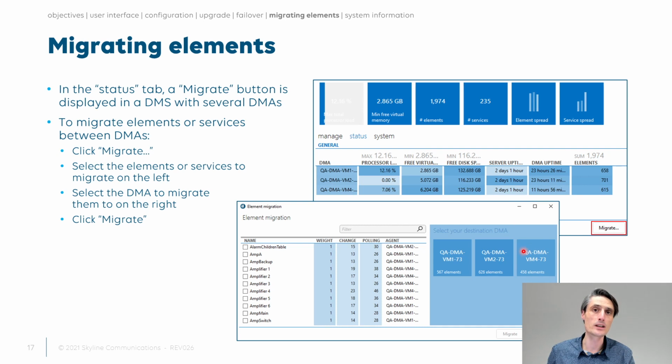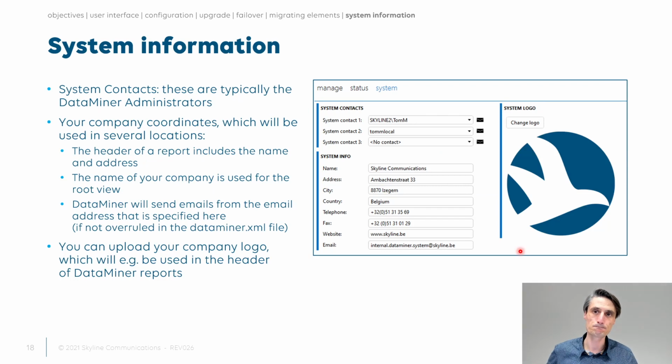With just one click of a button, it will reconfigure your elements onto a new server, along with the alarm history and trend information, the performance trending that is moving along with it. So if it's a very big element with a lot of information in the database, it might take a little bit of time to move that. If it's a small element, it's going to go in instantaneously, you could say.